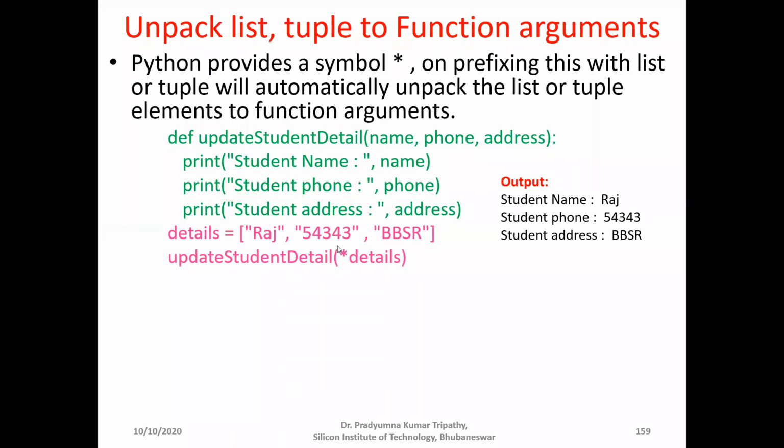Another way of passing is that I do not give star, I pass details and it is received in a list, and then I unpack inside the function. But here it is unpacking here, making it 3 arguments and sending it to the called function, which receives the 3 arguments.